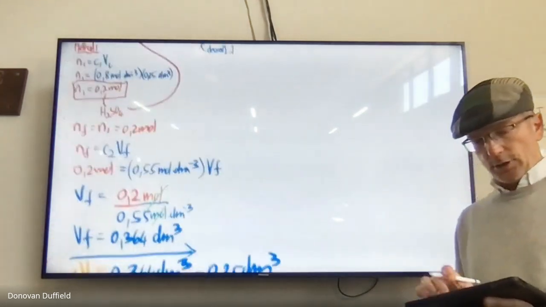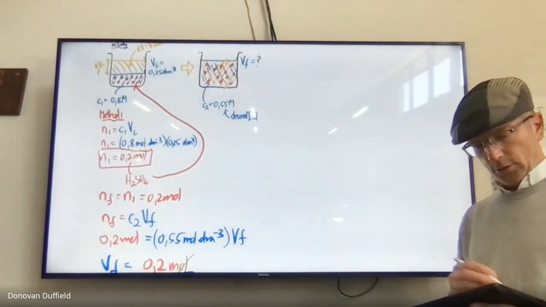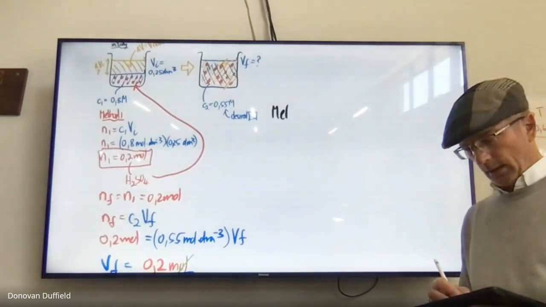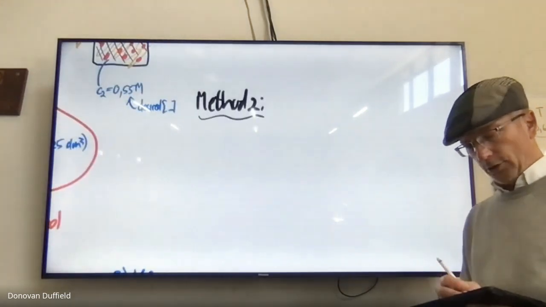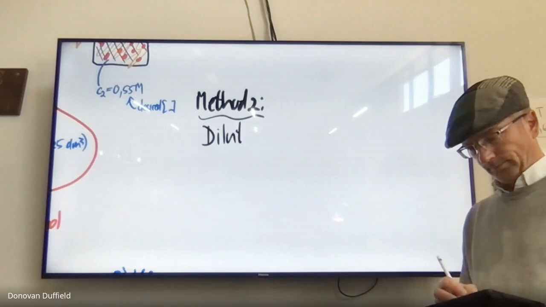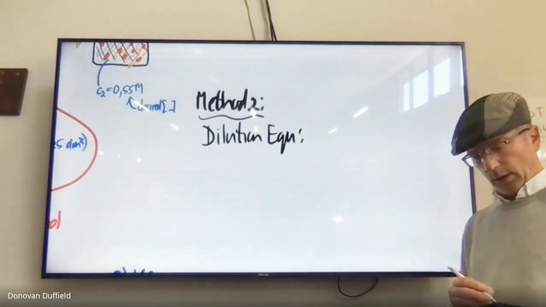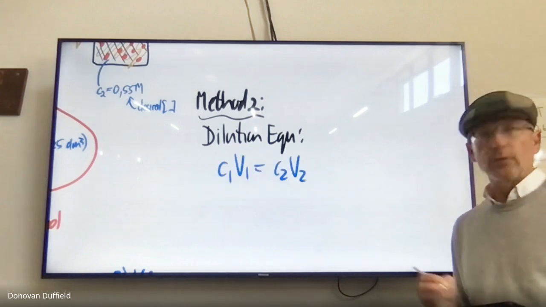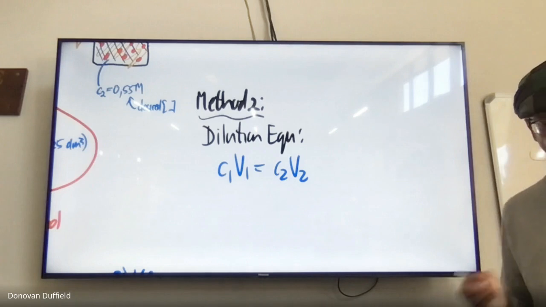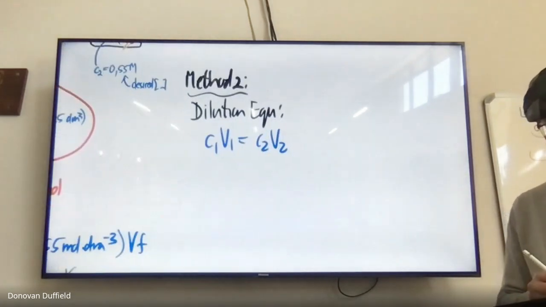Because the dilution equation, method number 2, I would have basically just used the dilution equation and said, what do we know? We know that C1V1 equals C2V2. C1 was 0.8.